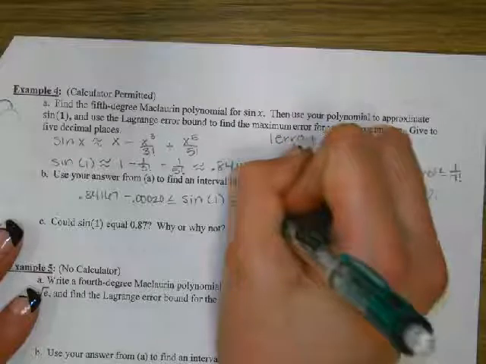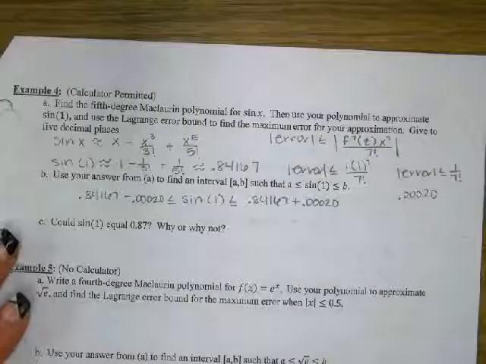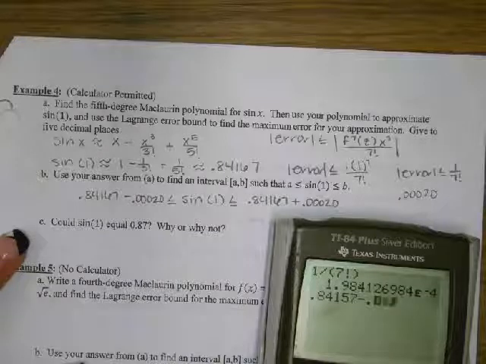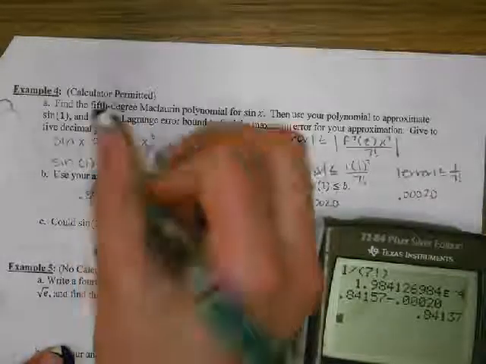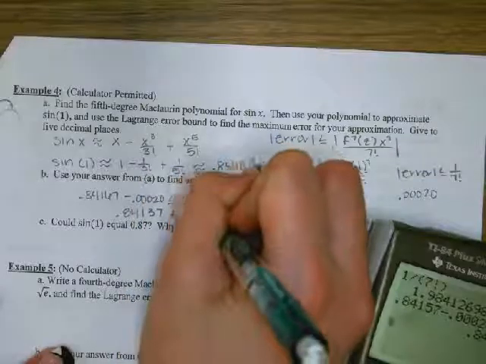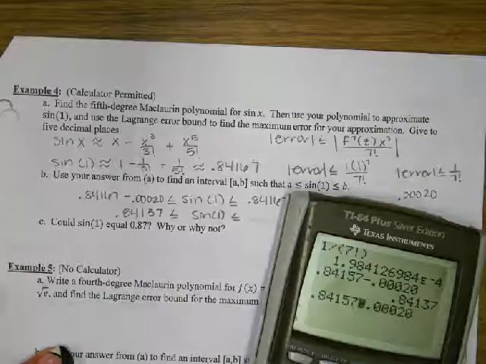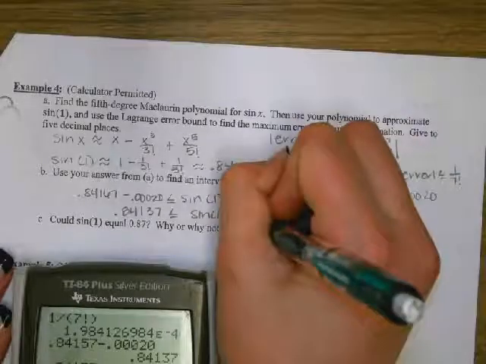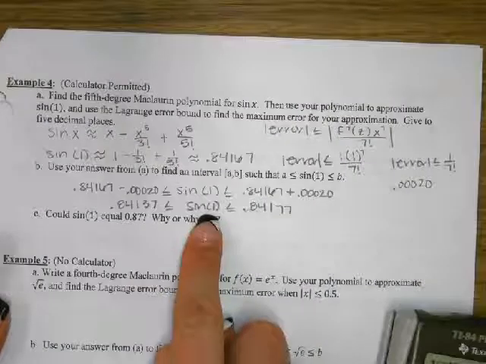And then 0.84167 plus 0.00020. So we have 0.84137 and 0.84177. So the actual answer is somewhere in between those.